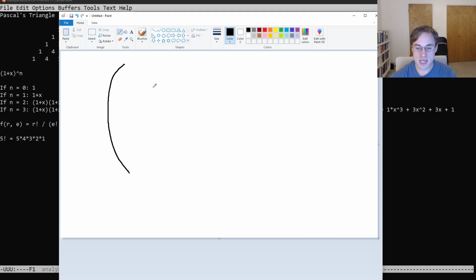Okay, so typically you'll see something like this: two large parentheses with some integer over some other integer, and that will be pronounced r choose e in this case. Another notation that you might see is a big C with a small r preceding it and a small e after it.